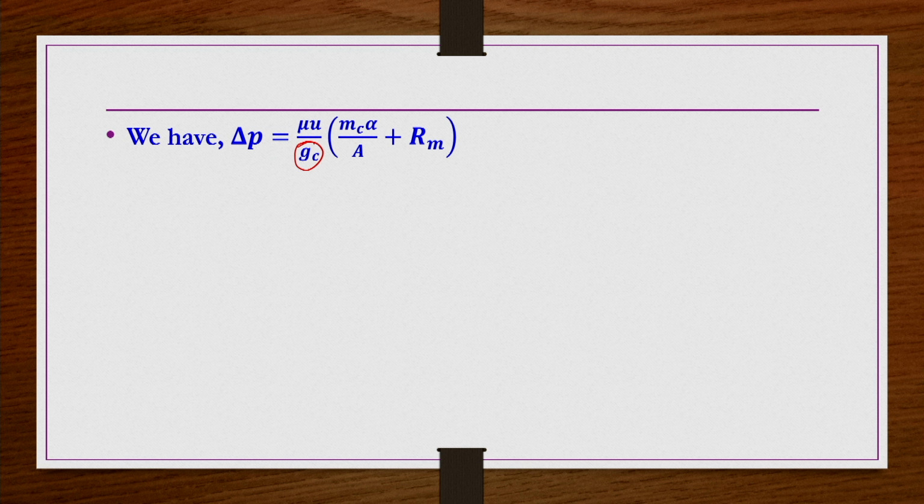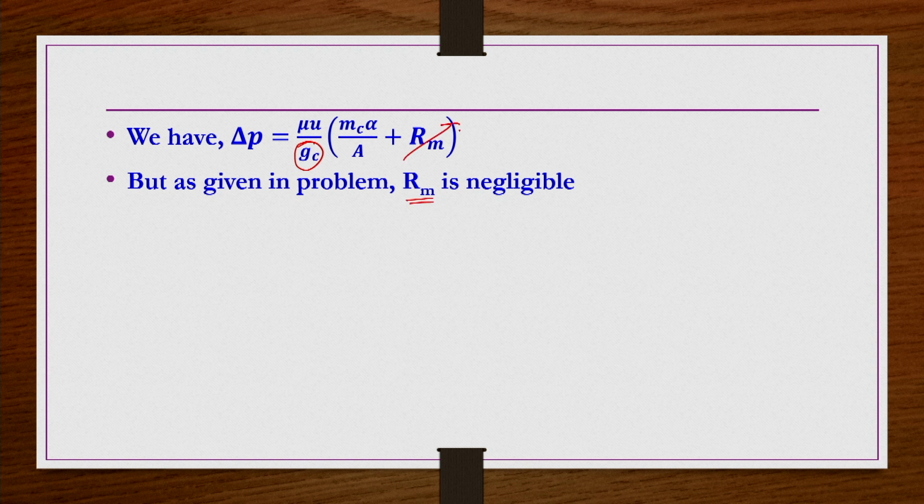Gc is 32.17 in feet per second square units, similar to the conversion for acceleration due to gravity. But as given in the problem, Rm is negligible, so you can strike out this part.